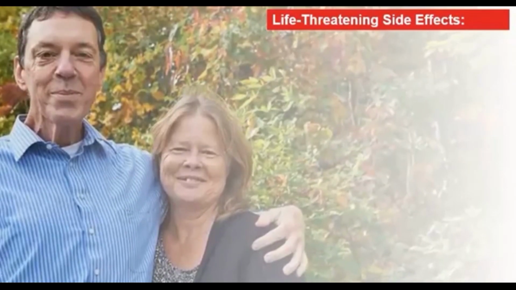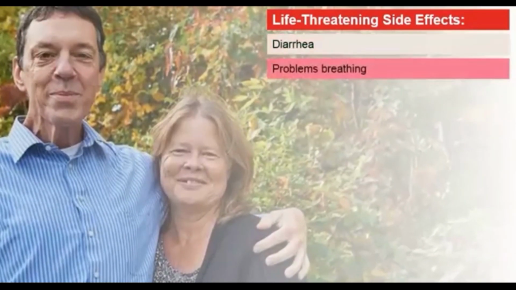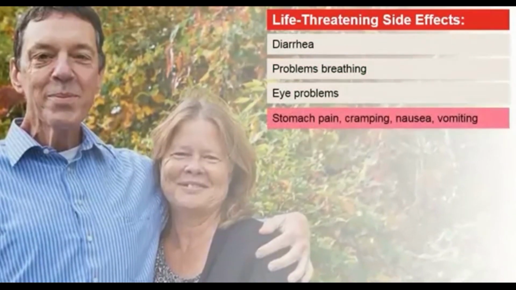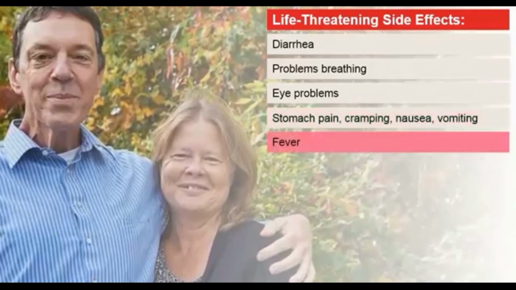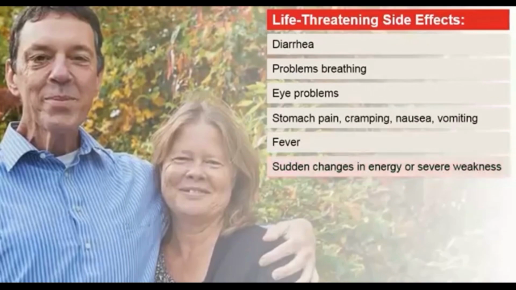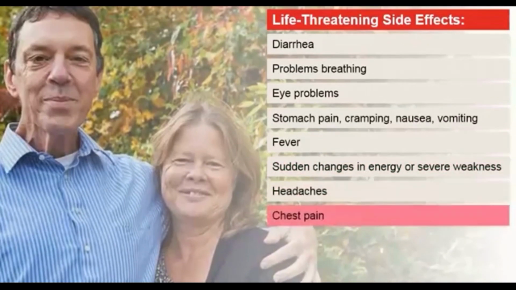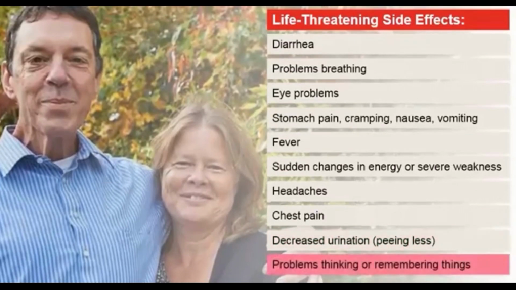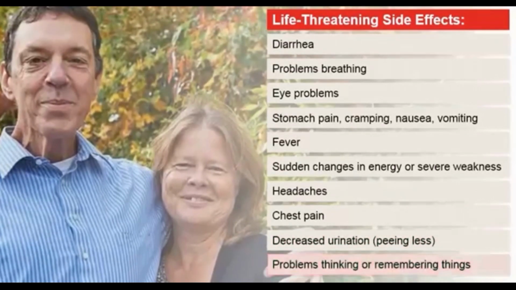Tell your healthcare team immediately if you have diarrhea, problems breathing, eye problems, stomach pain, cramping, nausea, vomiting, fever, sudden changes in energy or severe weakness, headaches, chest pain, decreased urination, that's peeing less, and/or problems thinking or remembering things.